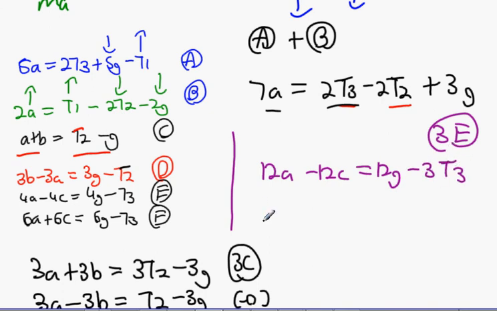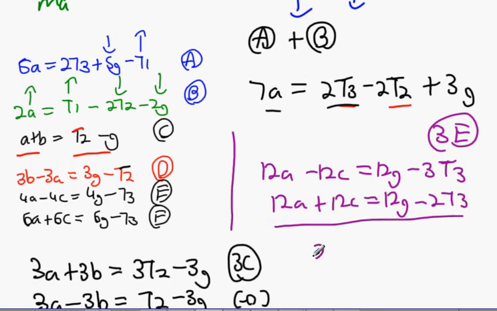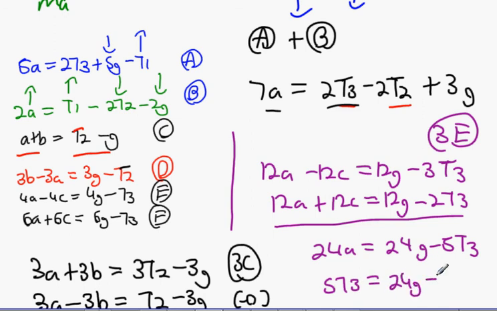And then next we're going to multiply by 2 to get 12A plus 12C equals 12G minus 2T3. Add them together and I'm going to get 24A equals 24G minus 5T3. Okay? Move it around. 5T3 equals 24G minus 24A.